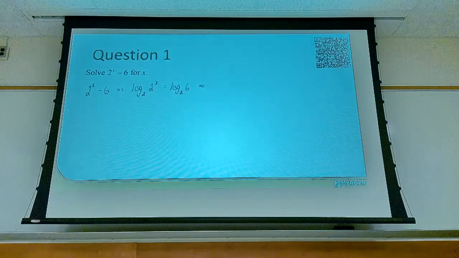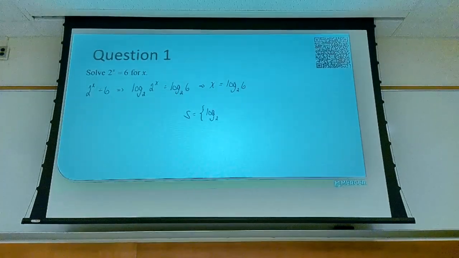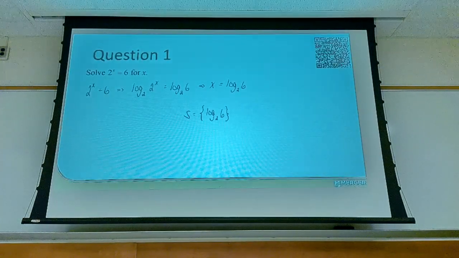Right, according to that, log base 2, 2 to the x, it's just x, isn't it? There's your x. Write a solution set.